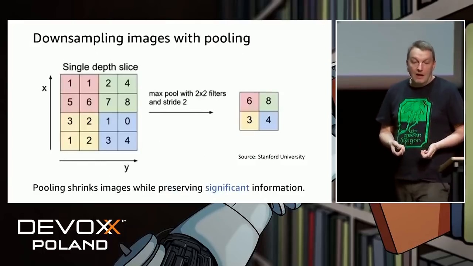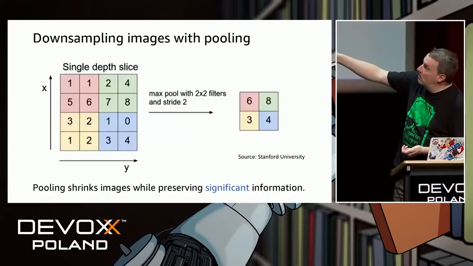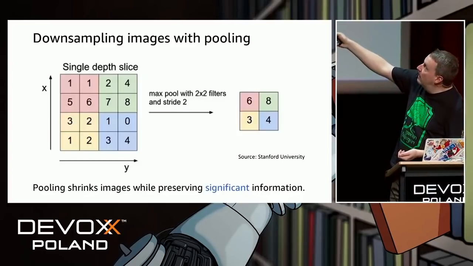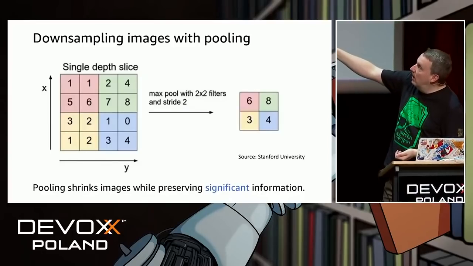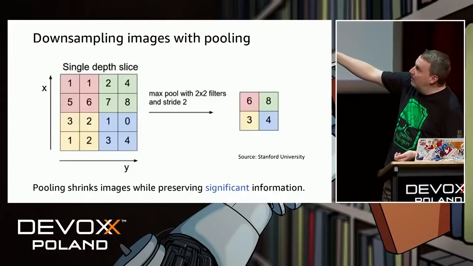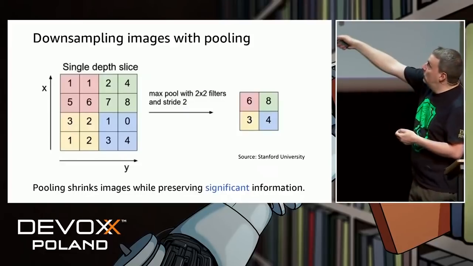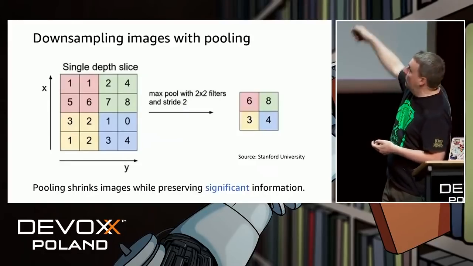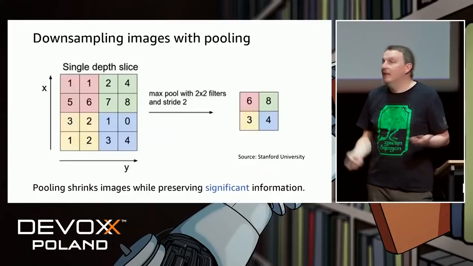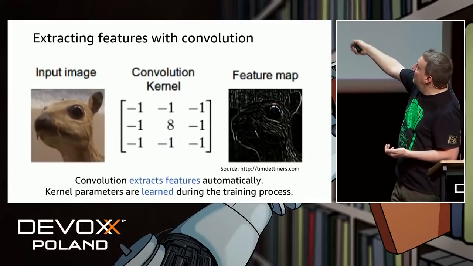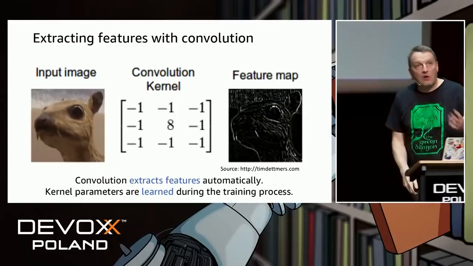Okay? Pooling is much simpler. If we do a 2 by 2 pooling here, we just take 2 by 2 pixel blocks and we keep the brightest, right? The brightest pixel, the highest value. Okay? And if we do this all over the picture, then we get a smaller picture. And the intuition here is that in this image, you don't care about the black stuff.